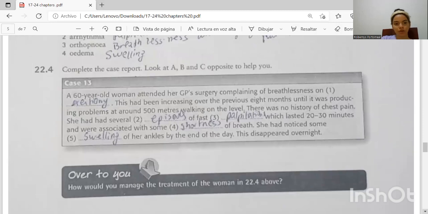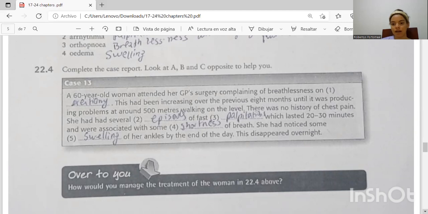Exercise 22.4. Complete this case report. Look at A and B and C opposite to help you. Case 13. A 60-year-old woman attended her GP's surgery complaining of breathlessness on exertion. This had been growing over the previous 8 months until it was producing problems at around 500 meters walking on the level.